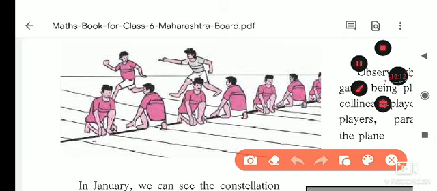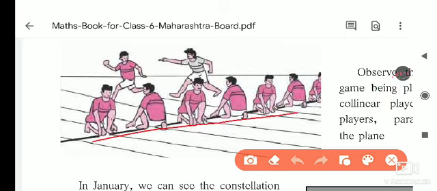If you see this line, all these players of this team are sitting in a straight line, so these all are collinear. While the boy who is running here, if we draw a line joining these three, they are not on one line. If you see here also, they are not on one line.